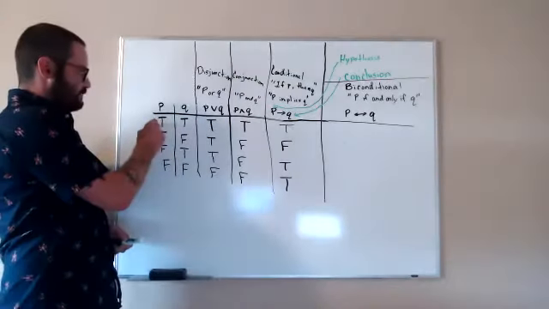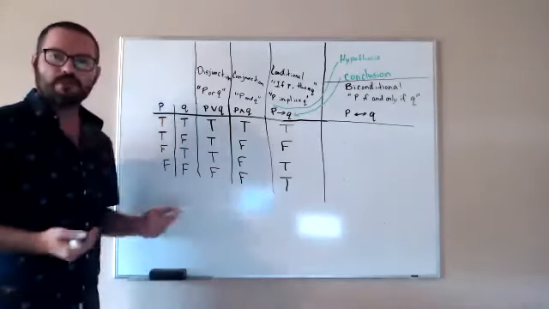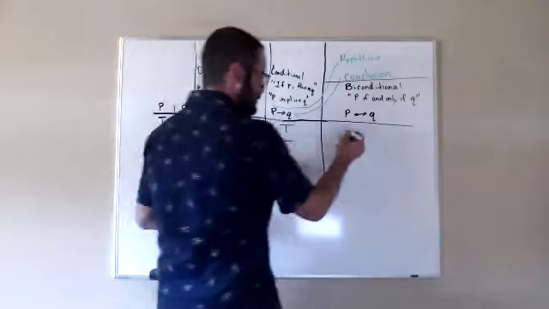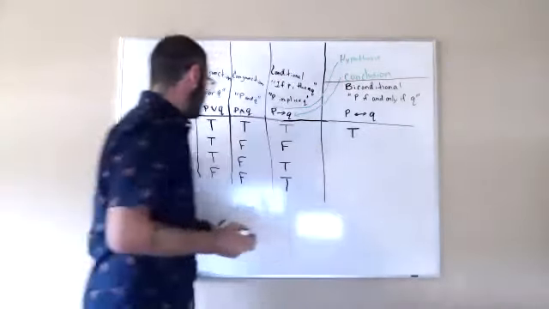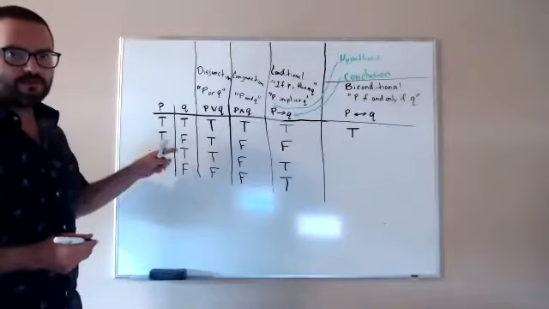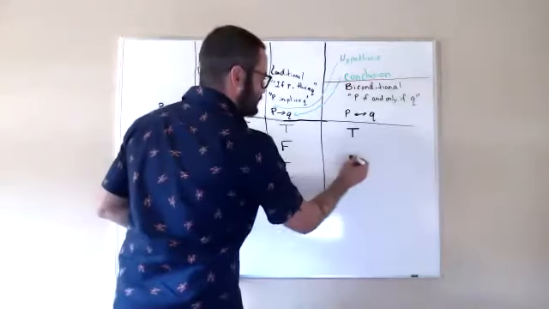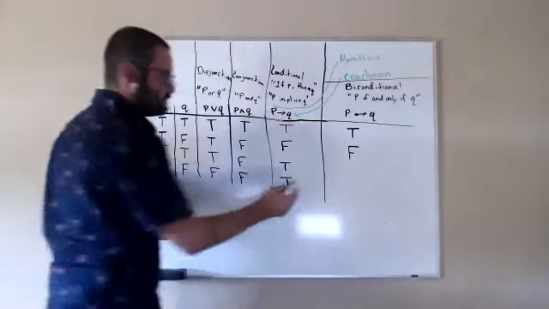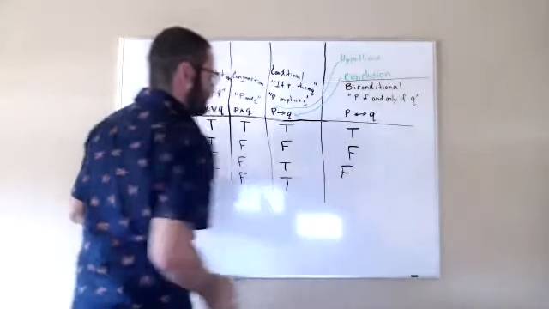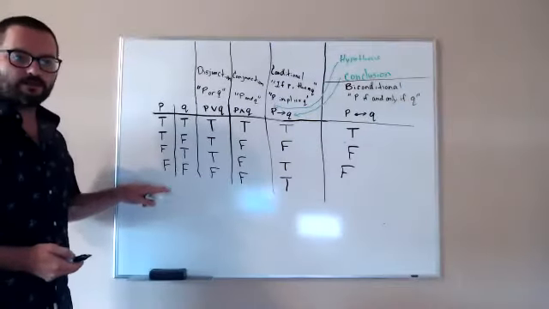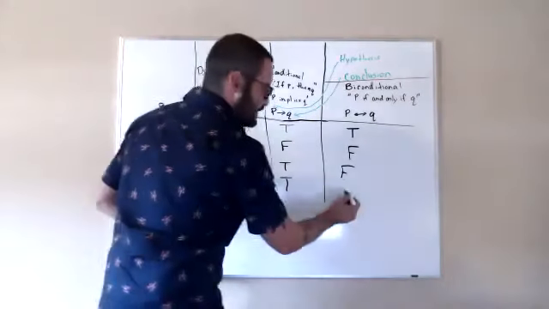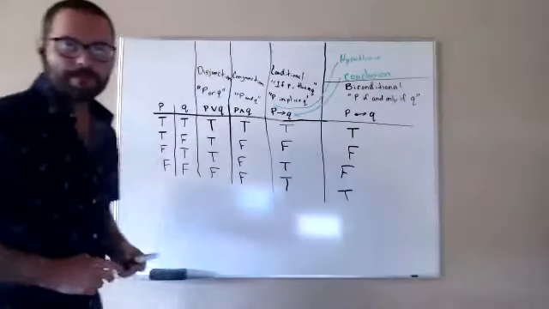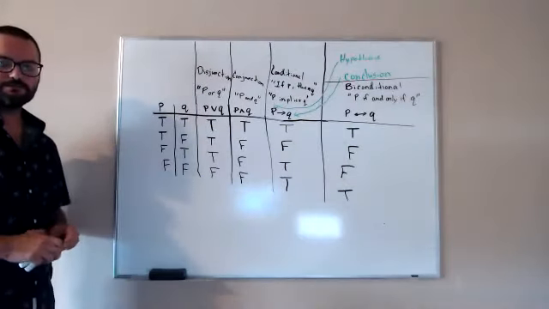So we see true if and only if true, they both have the same truth value, so it's going to be true. True if and only if false, false, because they don't have the same truth value. False if and only if true, again, false. False if and only if false, true, because they have the same truth value.